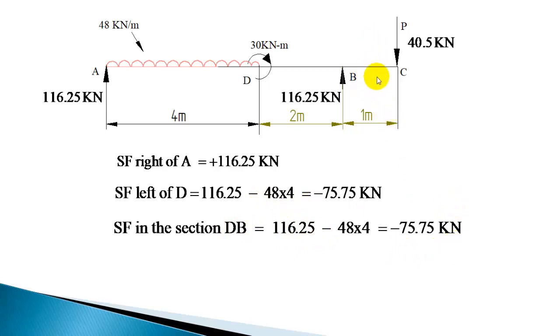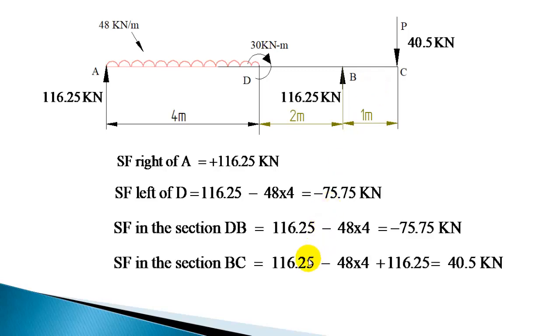In the section BC, there is one load added. Here you got minus 75.75, and in this section you should add this reaction. Since it's upward, it will increase the shear force by this amount. So minus 75.75 plus 116.25 will give the shear force in the section BC.